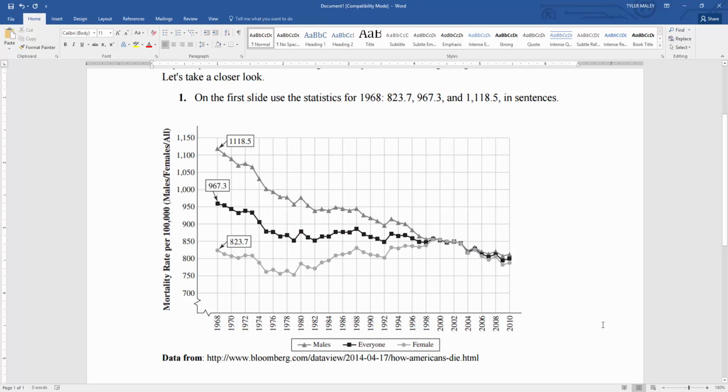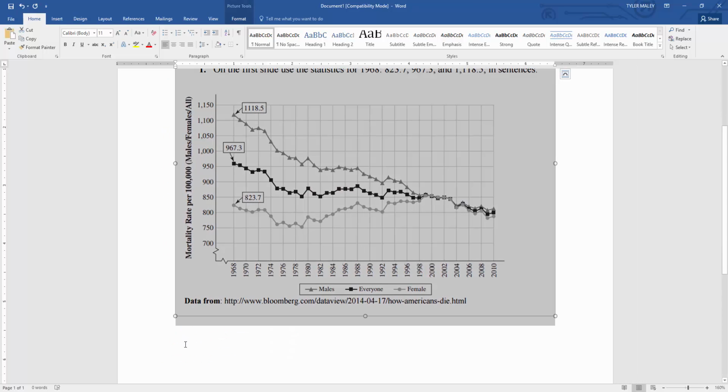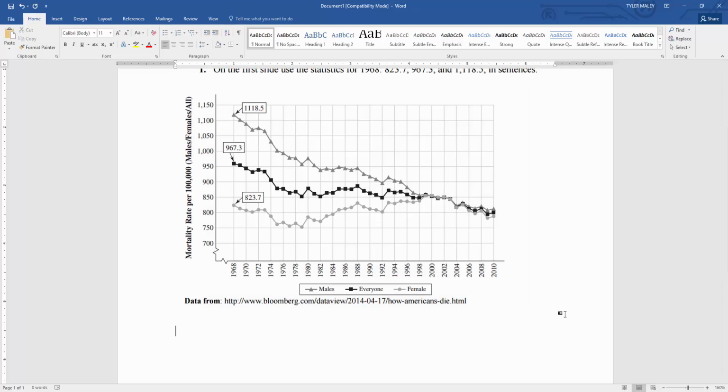Here we have a Word file with the question. Again, there's not just one right answer, so you might have a slightly different sentence than me, but it should overall have a similar meaning.